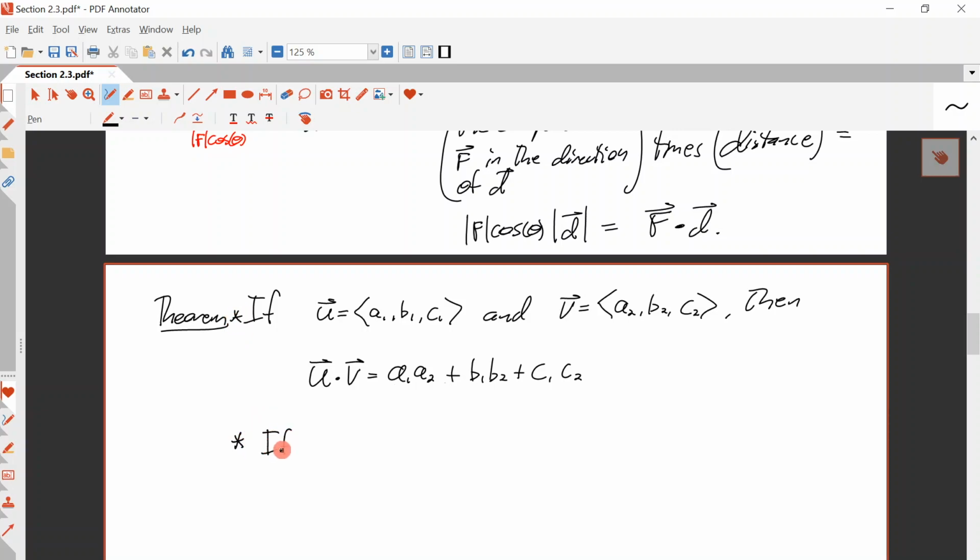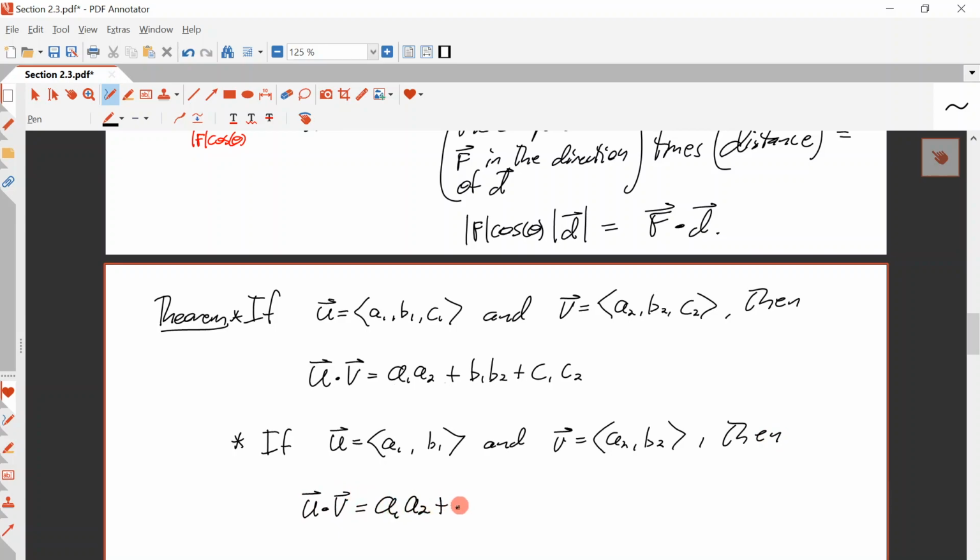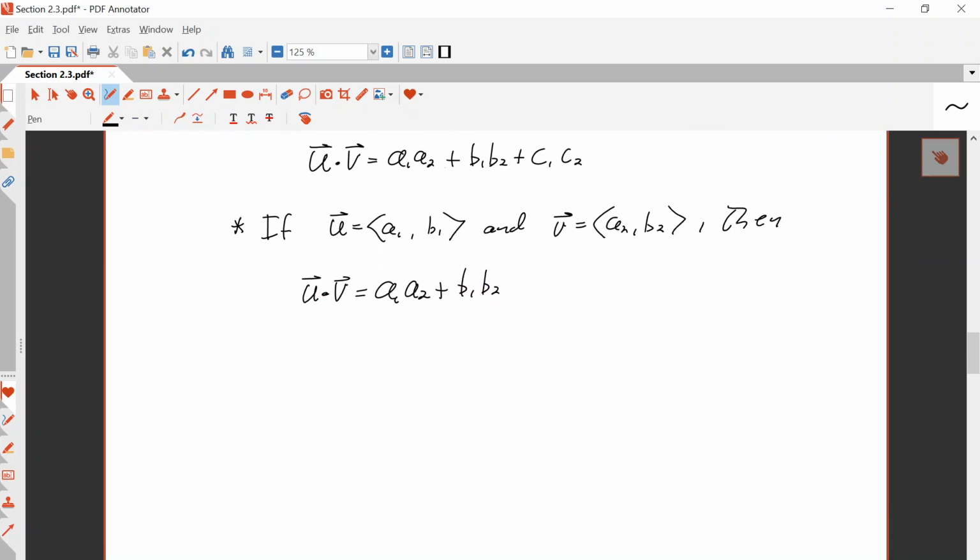The second part of the theorem is for two-dimensional vectors. If U is equal to (A1, B1) and V is equal to (A2, B2), then same thing: U dot V is equal to A1 A2 plus B1 B2. Pretty neat.